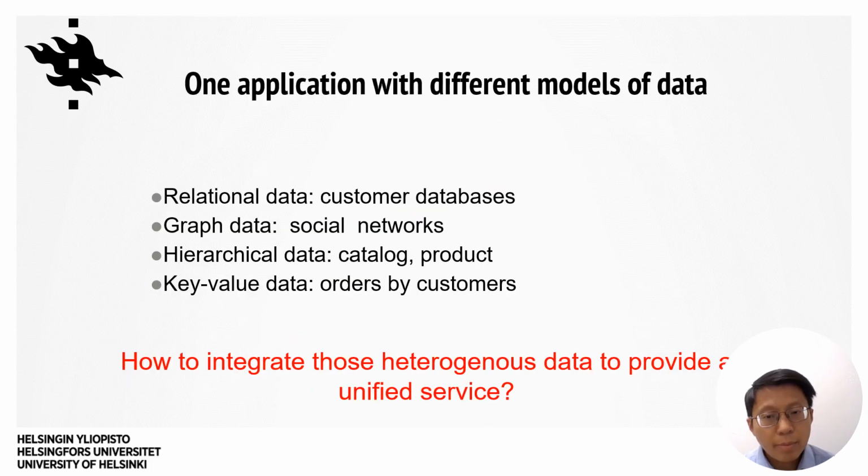In the above application, there are four types of data: relation, graph, hierarchical, and key-value. Then one challenge from the database community is how to integrate those heterogeneous data to provide a unified service for querying and processing these four types of data together.